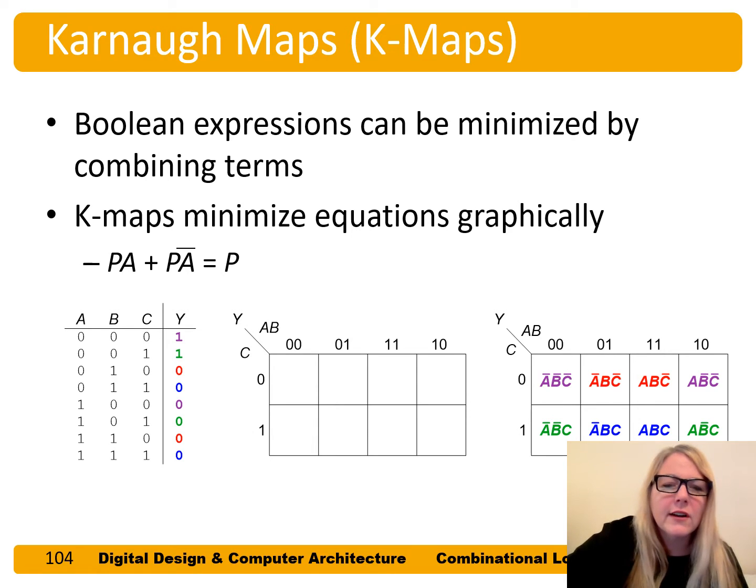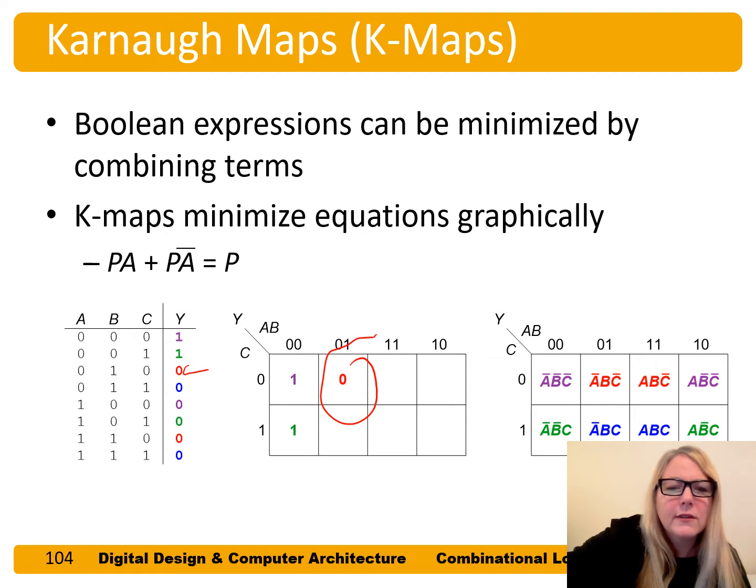Okay, so we enter our K-map by starting with the first row in our truth table. It goes into the 0, 0, 0 box. The next row, the 0, 0, 1, goes into our 0, 0, 1 box. 0, 1, 0 goes into the 0, 1, 0 box. 0, 1, 1 goes into the 0, 1, 1 box.